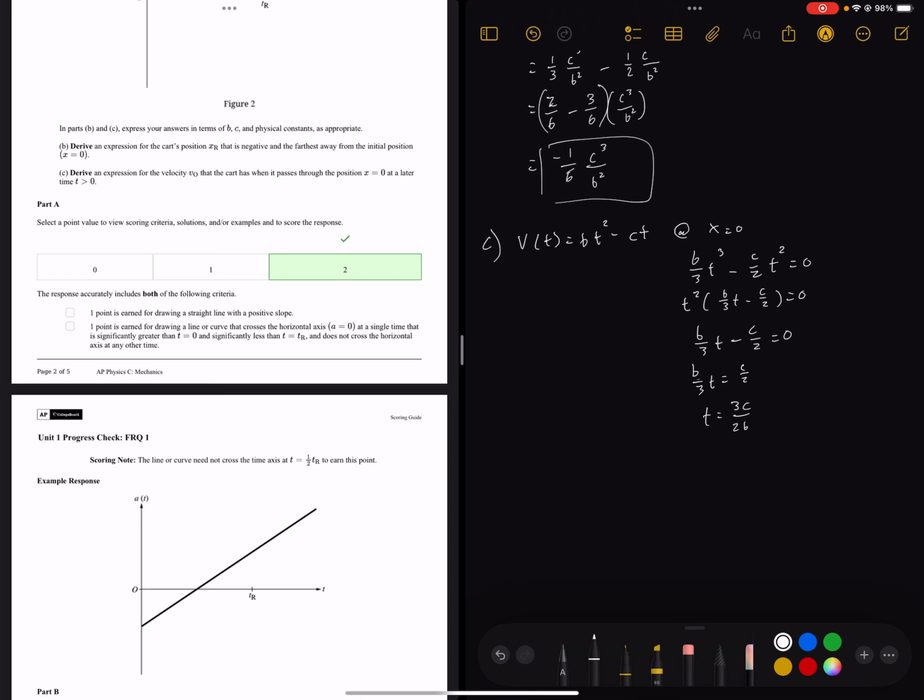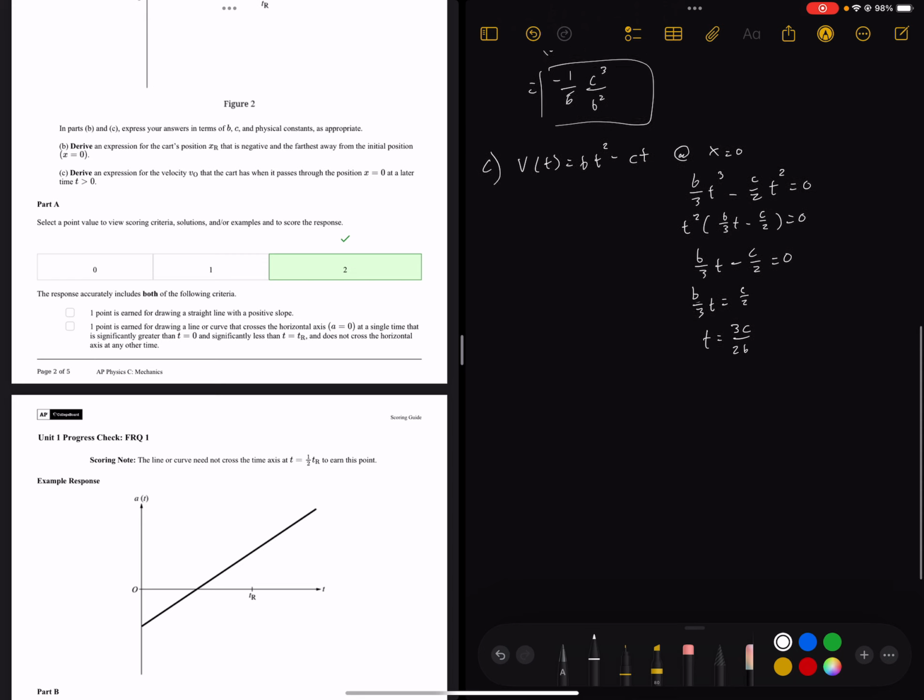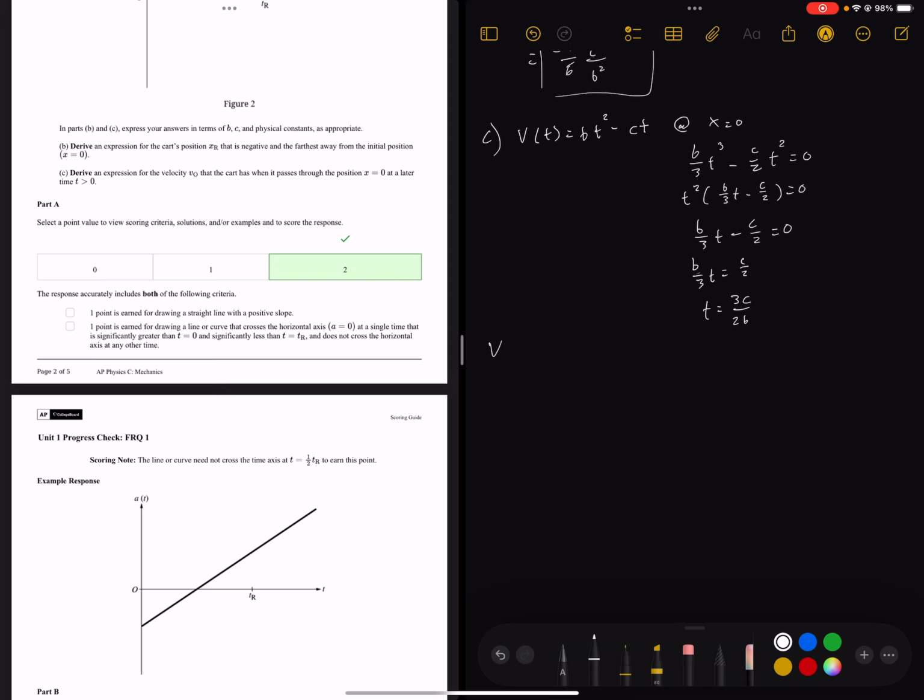And I'm going to plug this time in to the velocity equation. Okay, so now my velocity, this is basically my velocity when x equals 0, right? So my velocity when x equals 0 is equal to b times t squared, which in this case is 3c over 2b, quantity squared, minus c times t, which again is 3c over 2b, all right?